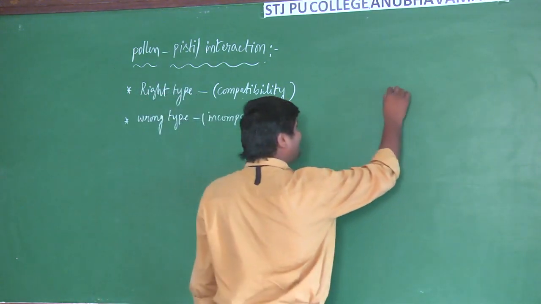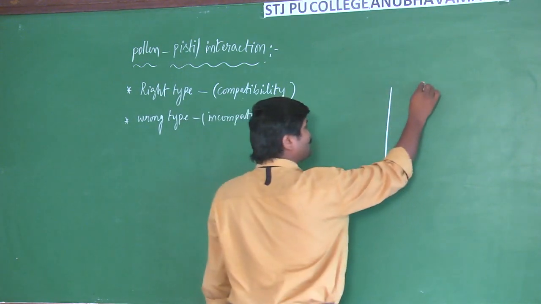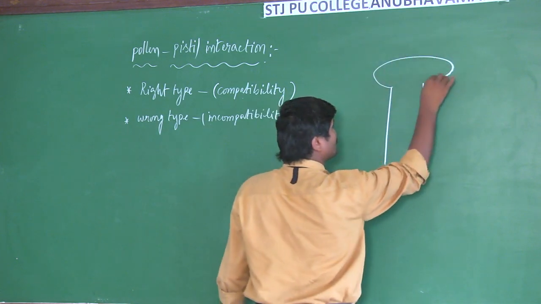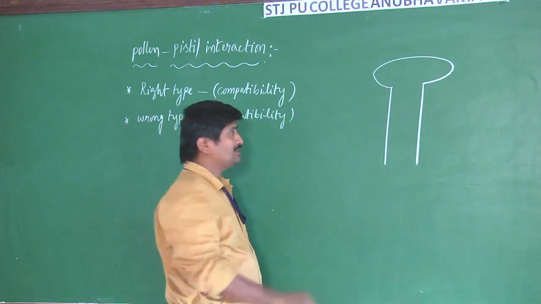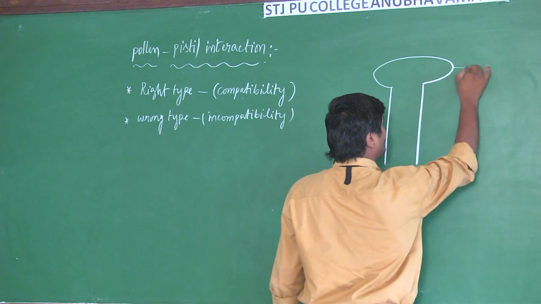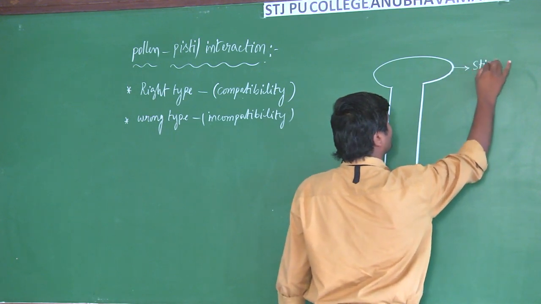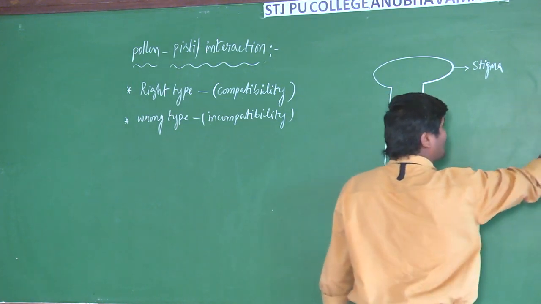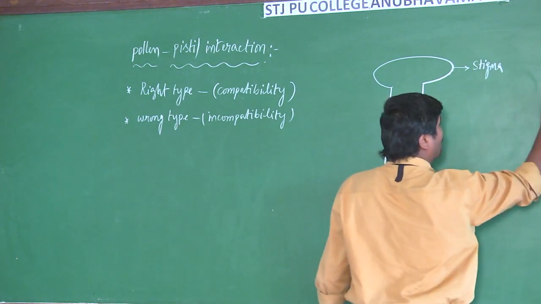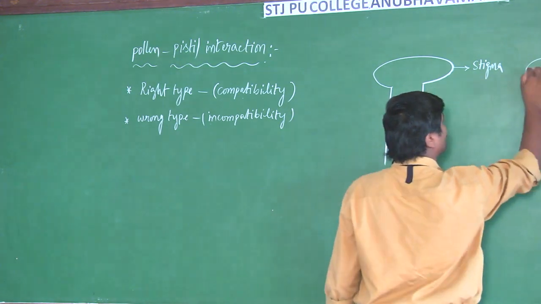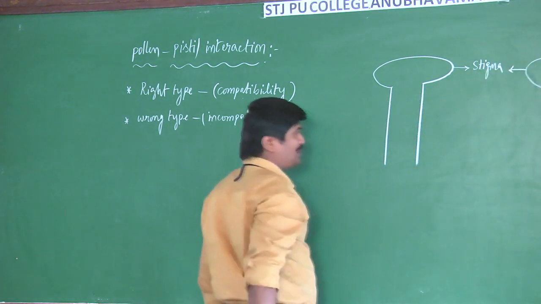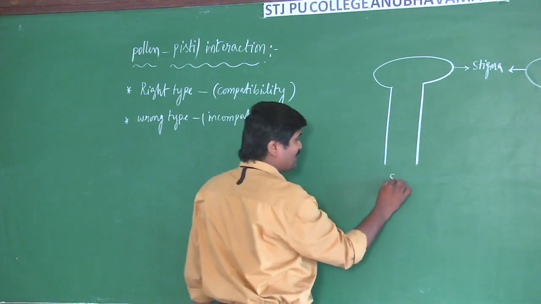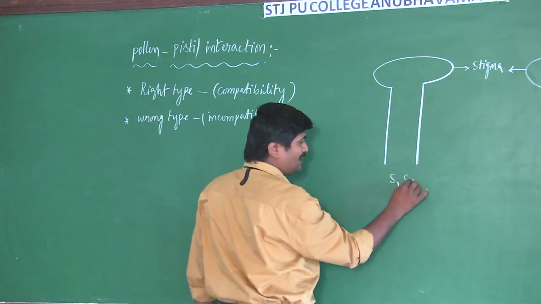See here, this is the stigmatic lobe, the stigma. It is another crop plant's stigma. For example, these are two crop plants.